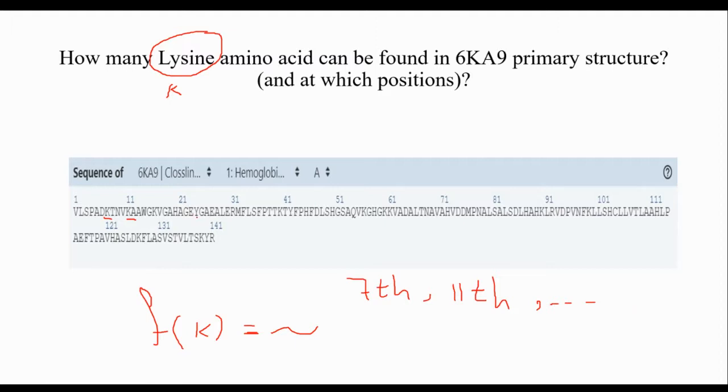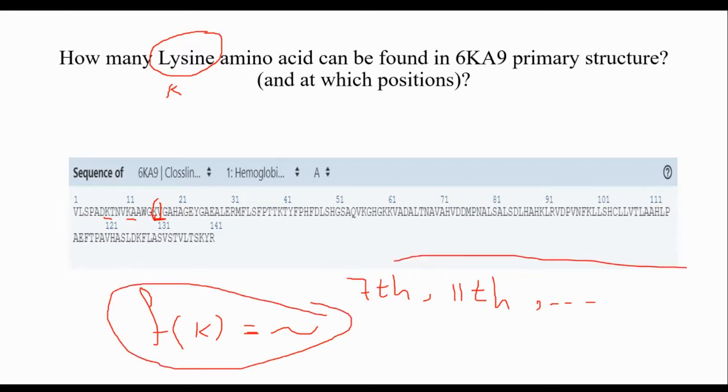You simply find the Ks and report their positions. For example, we have another one here, and you continue like that. It's pretty easy, right? Just specify exactly what the number of them is and what the positions are. For example, the positions of lysine are 7th, 11th, and so on.